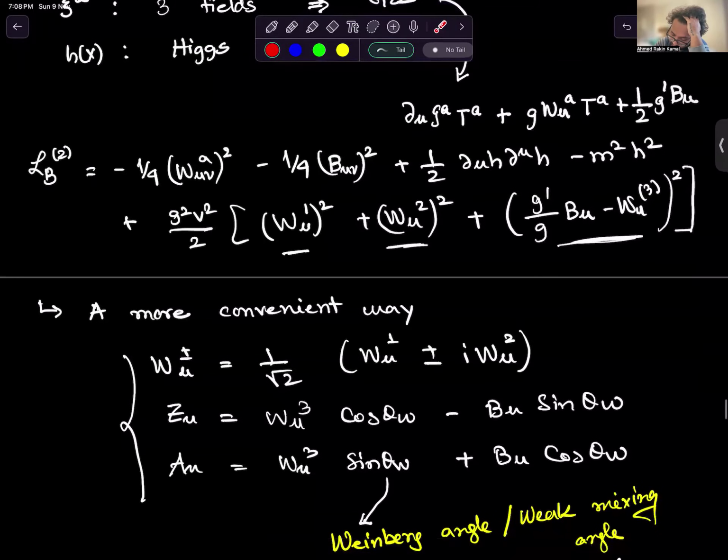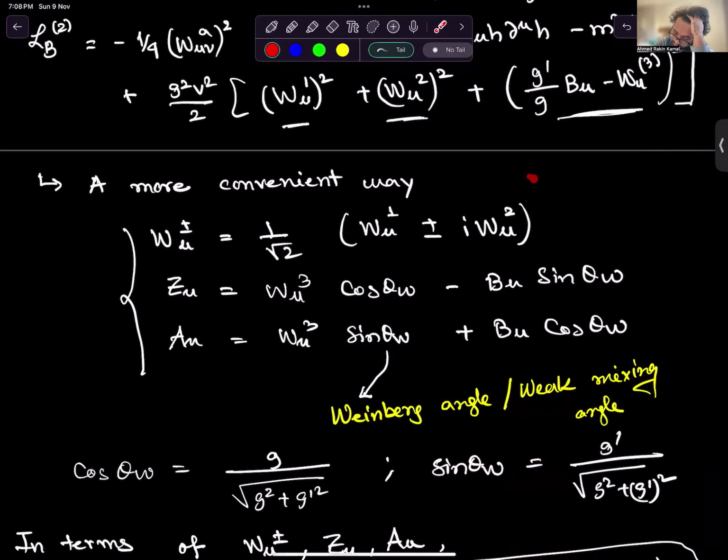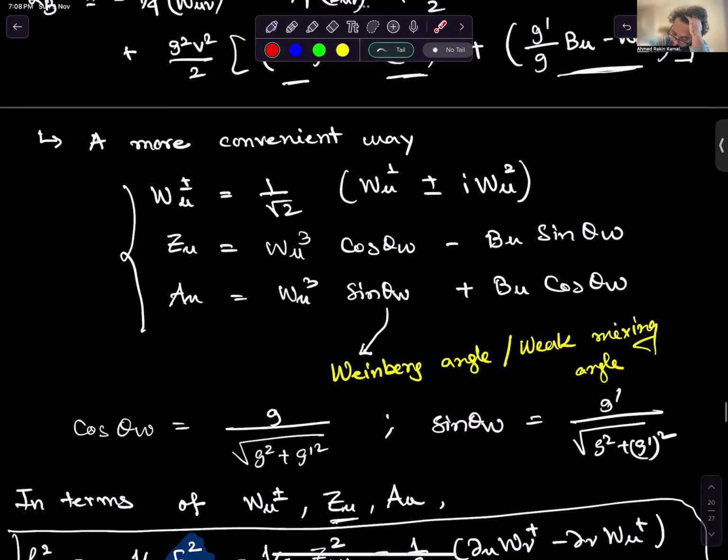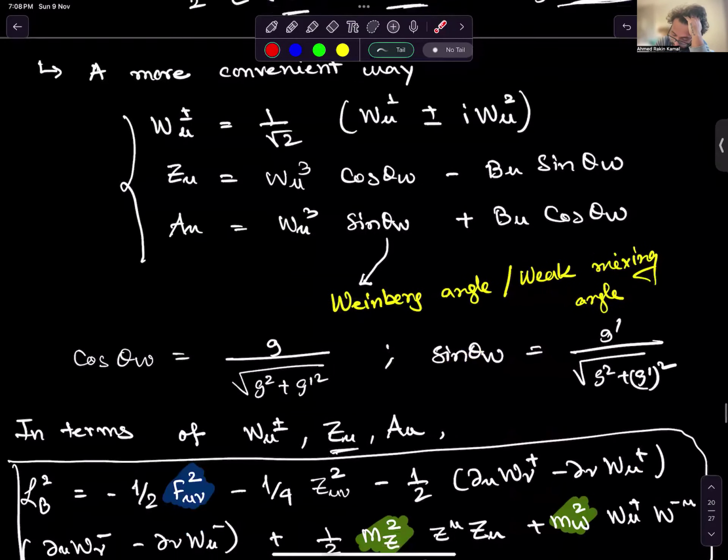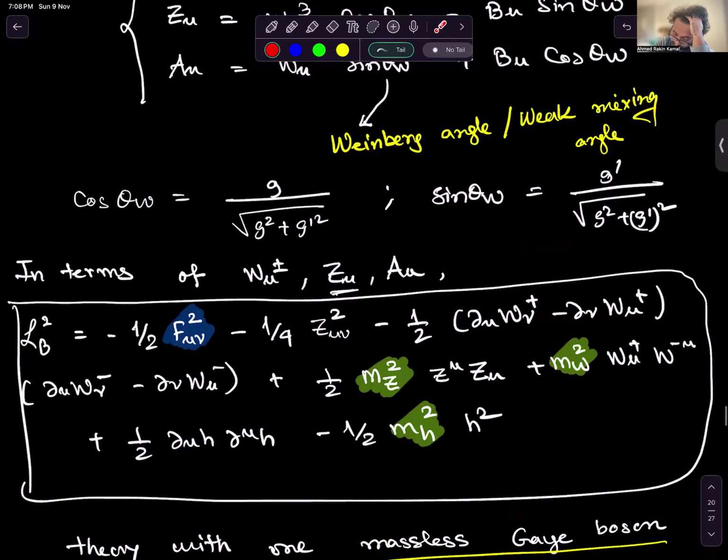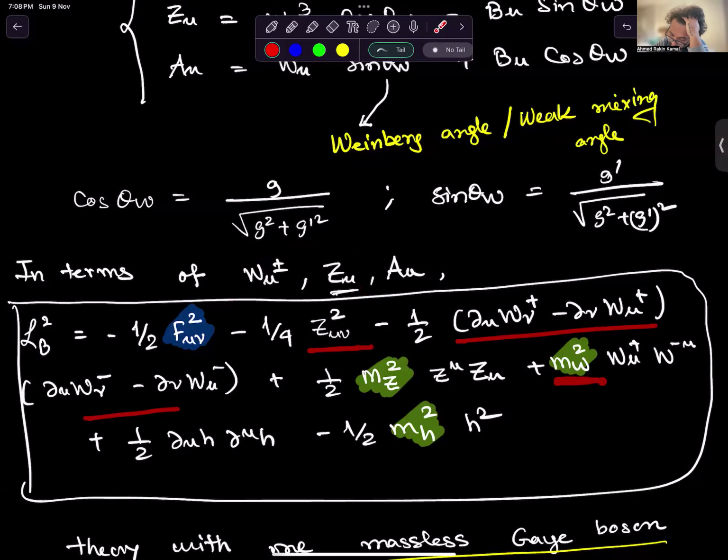Then we moved to a more convenient basis. When we moved to this basis, we saw that we have three massive gauge bosons, the W plus-minus and the Z boson, and they have their corresponding masses.